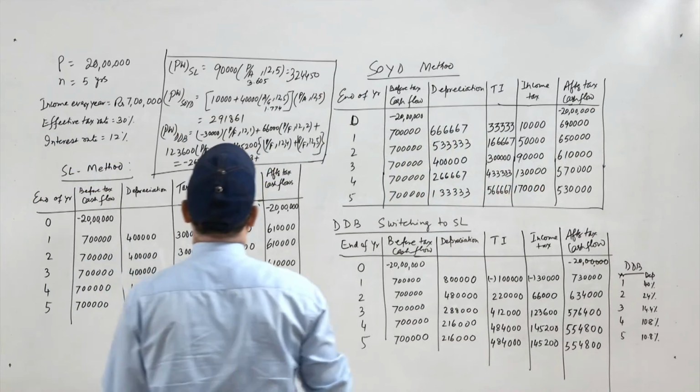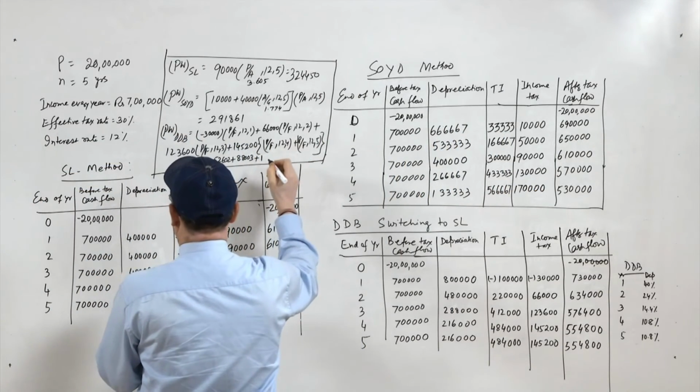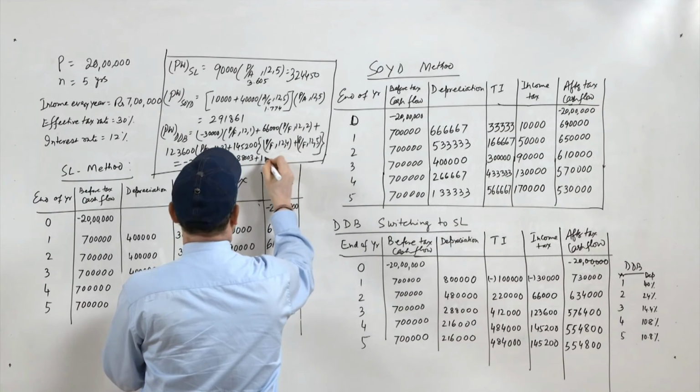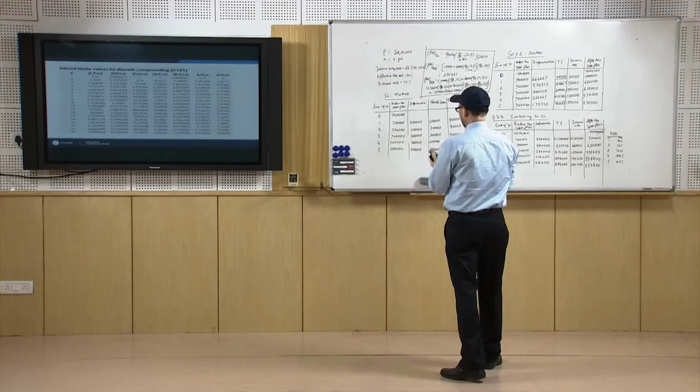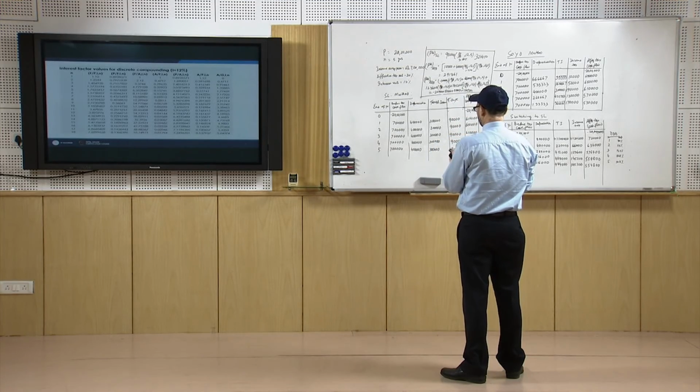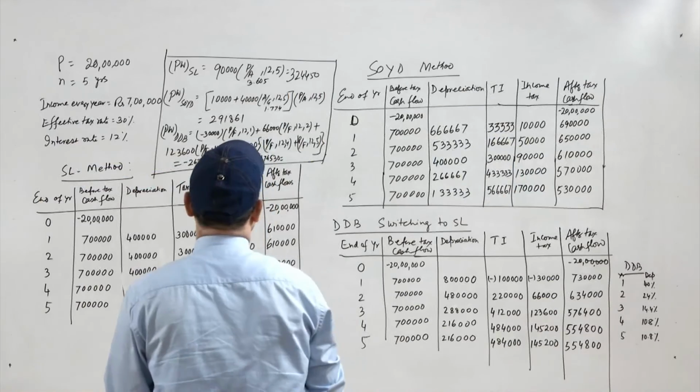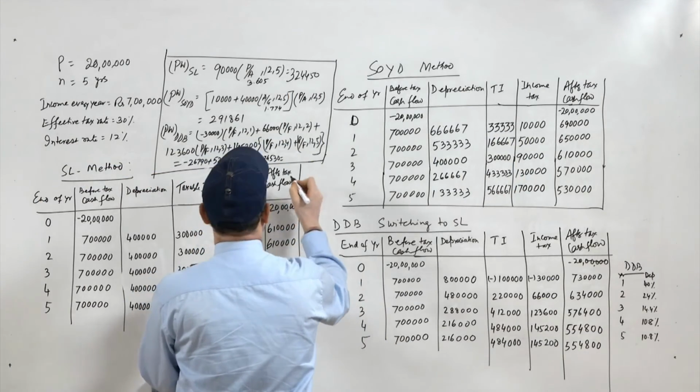So, it is 174,530, which will be added with 88,003, 52,602 minus 26,790. So, it is coming out to be 288,345.